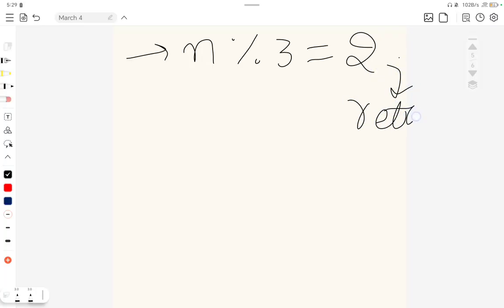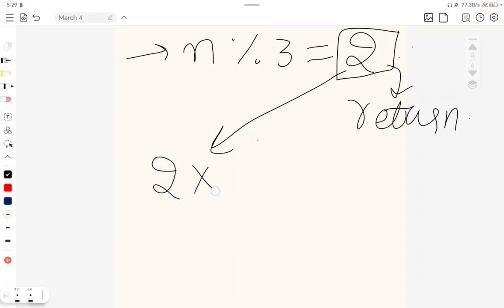Why 2? Because they said distinct elements, and 2 times 3 square is 2 times 9, which is not distinct. Remember this: 2 times multiples of 9 is not a distinct element, so it is not possible. If there are no 2 digits, then we can represent the number as the sum of distinct powers of 3.